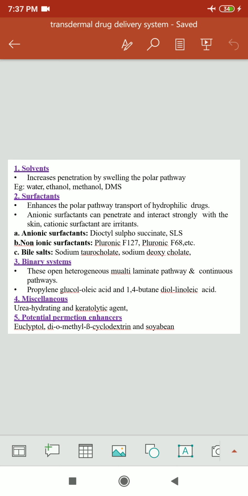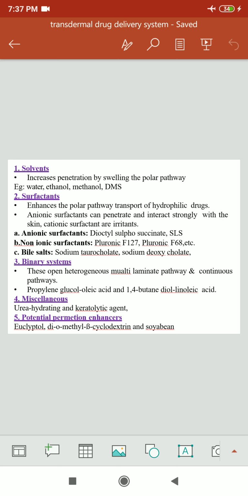Solvents are used to enhance permeability, like water and ethanol, increasing the swelling and penetration. Next, surfactants are used to decrease the surface tension between the skin and our device, and anionic surfactants are used more compared to cationic because they are irritant in nature. Examples of anionic are SLS, non-ionic is Pluronic F127, and bile salt is sodium deoxycholate.